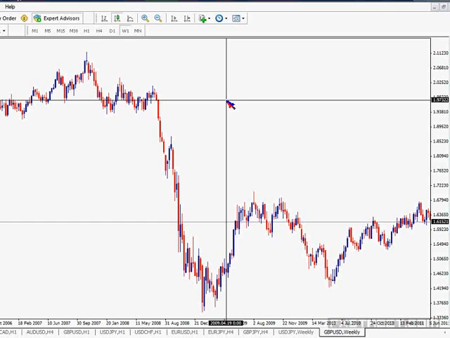So we are in the middle of a bearish trend. We see a continuation gap. How do we determine whether it's a continuation or an exhaustion gap? Honestly, I have not seen exhaustion gaps in the forex market.